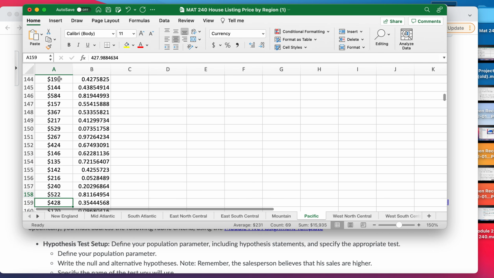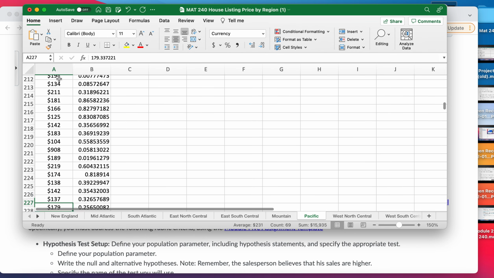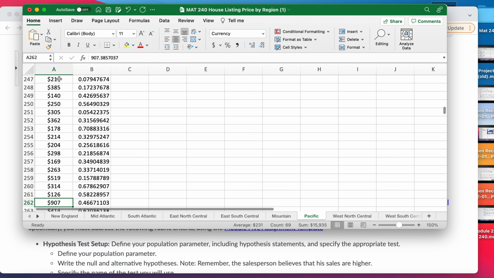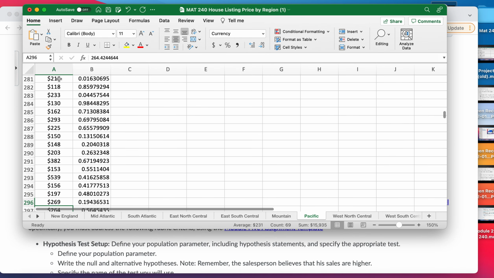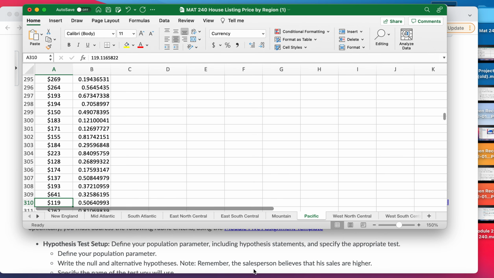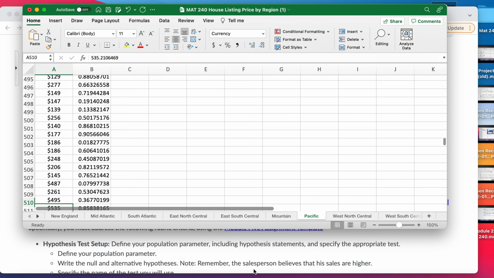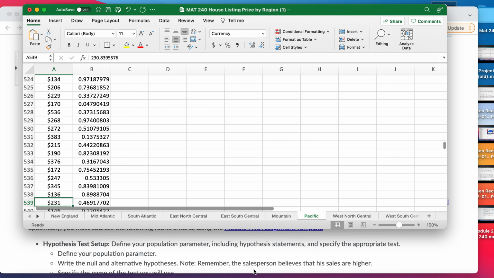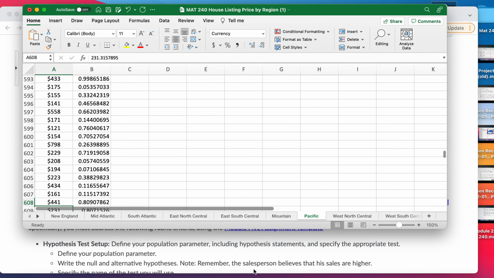I need to get down to where I have 750, those rows of 750. Okay, and when we get down to 750, we're going to delete that column of numbers in column B. Okay, that's just a way to sort the numbers so that we have randomized. That's the only way you can randomize numbers. You use Excel.